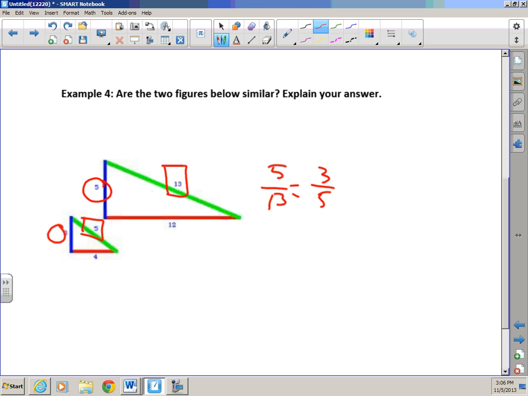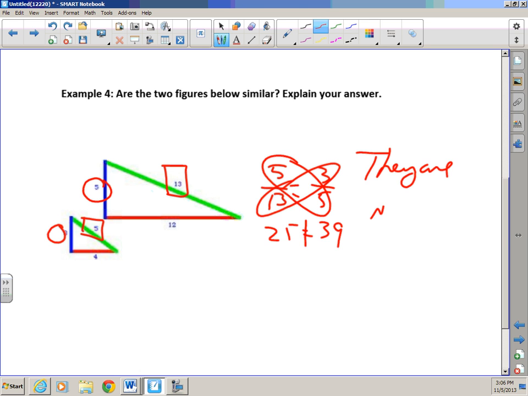And I just have to test these two out. I cross multiply, I get an untrue statement, so they are not similar. If I fail one proportion, it's not similar. I have to pass all three to, in fact, be similar.